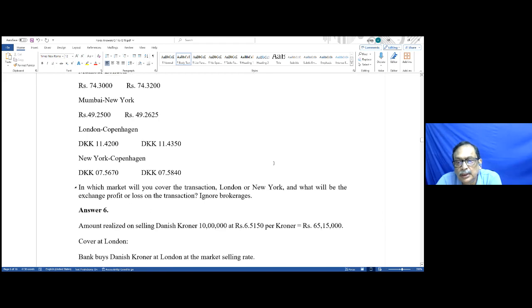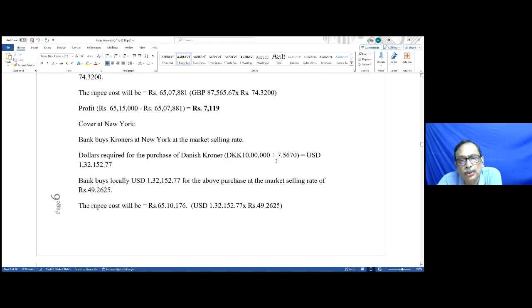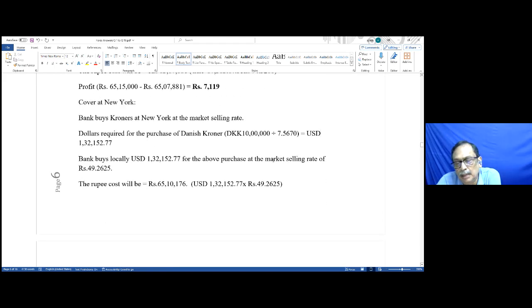So the amount in US dollar comes to 1,32,152.77. So bank buys locally US dollar 132,152.77 for the above purchase at the market selling rate of rupees 49.2625.